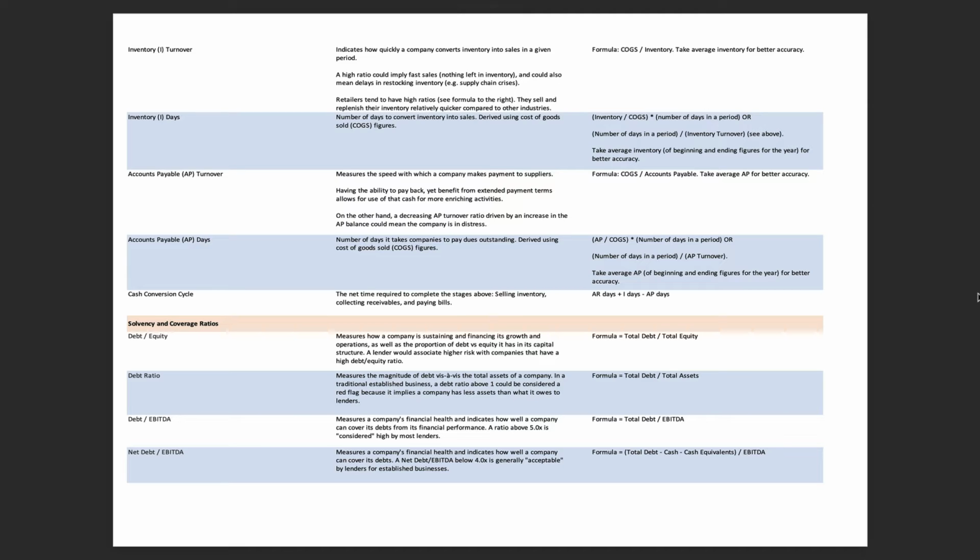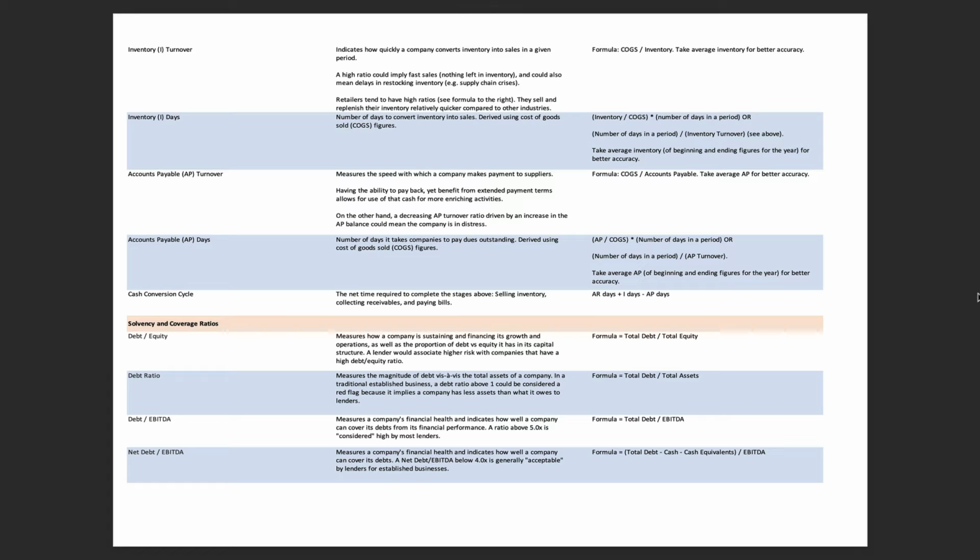It could either mean that the business is unable to pay suppliers on time, and hence it has an accounts payable balance outstanding that is substantial, or it could also mean that the business has managed to negotiate relaxed payment terms with suppliers, and therefore it is using that cash rather than paying the suppliers. It is using it for more enriching activities.